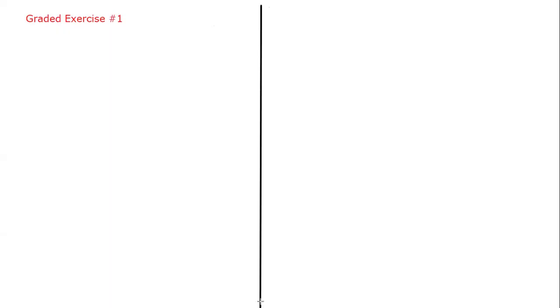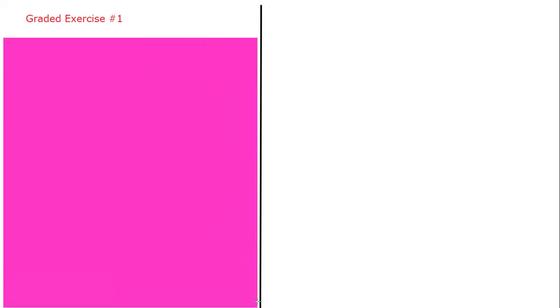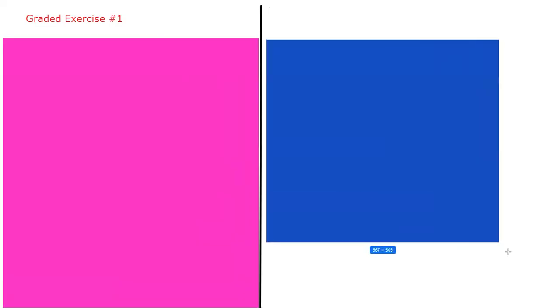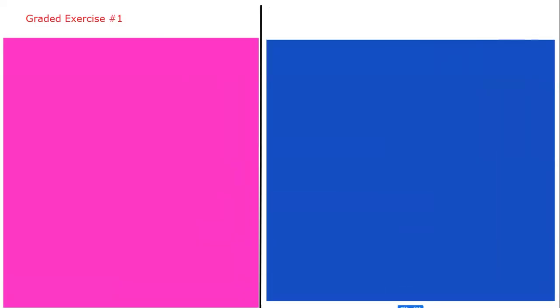So we have this side, which is fully like that. Then we have this side, which is fully like this. Good.